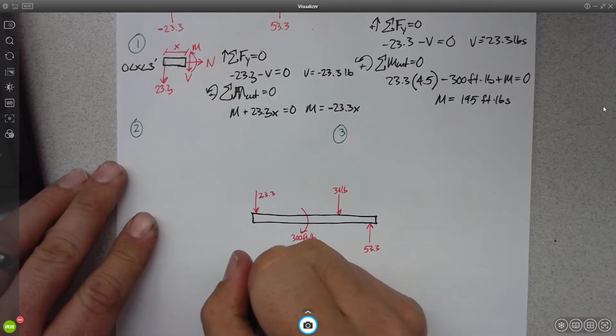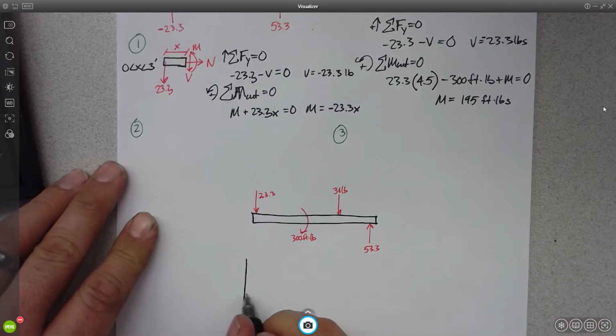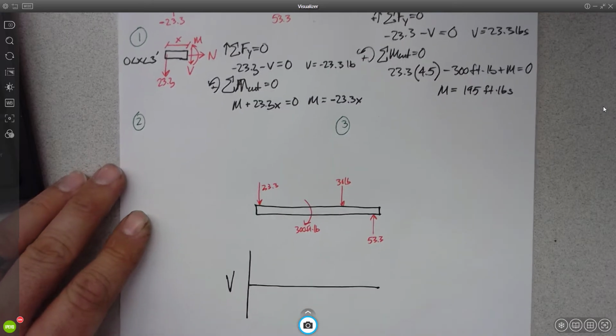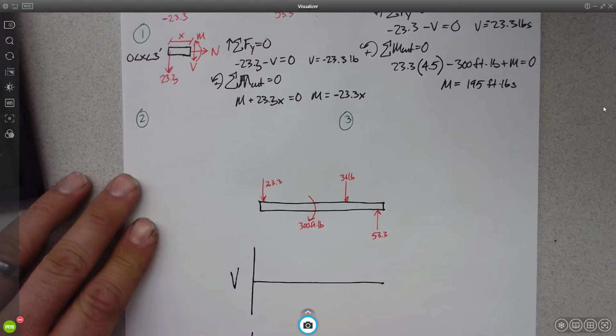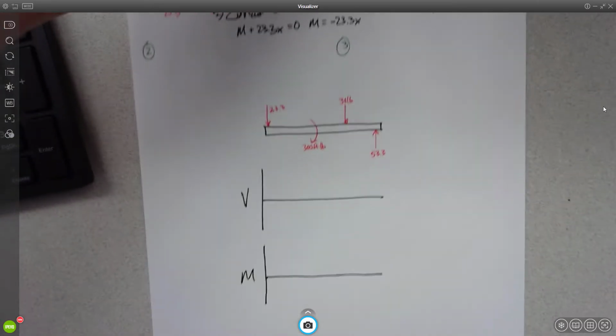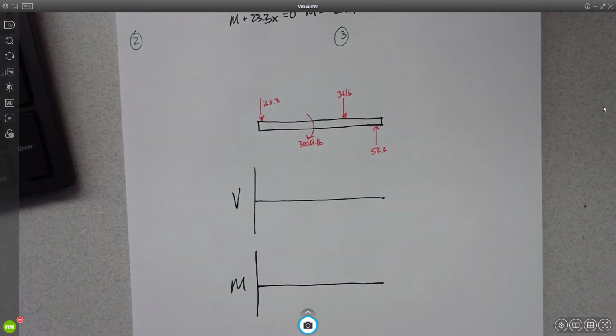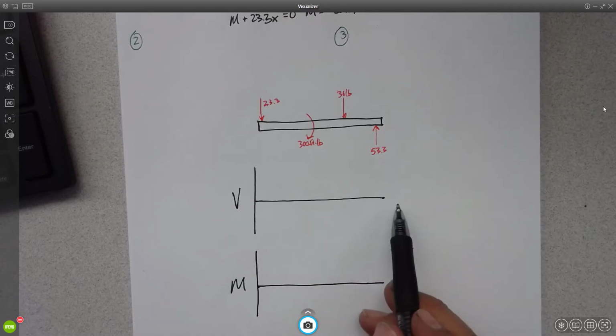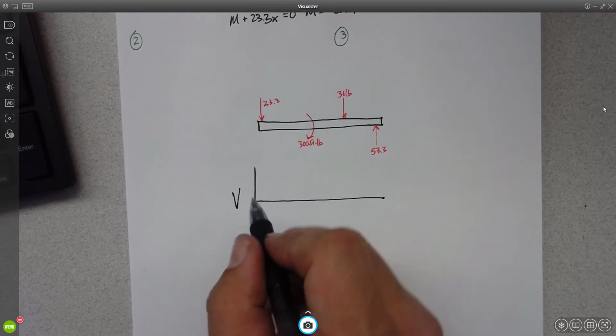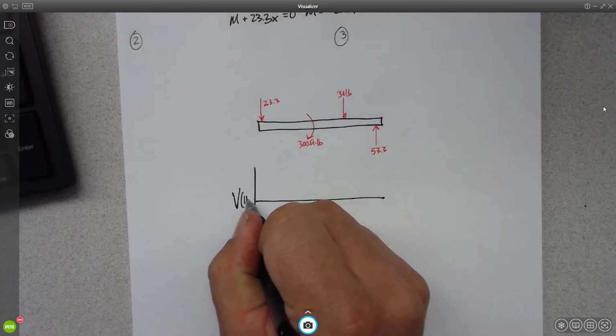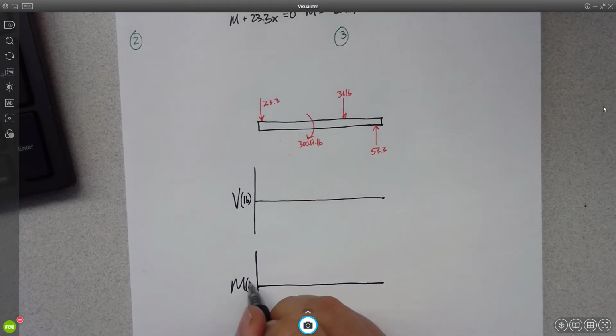And I'm going to make a plot that goes from the left end of the beam over to the right. And next to it, I'm going to put a V. And I'm going to do the same thing right below that, though you can't see it. I'll move it in a minute. So as we go across, that's the x-axis. For the shear, this is in pounds. The moment is pound-feet.